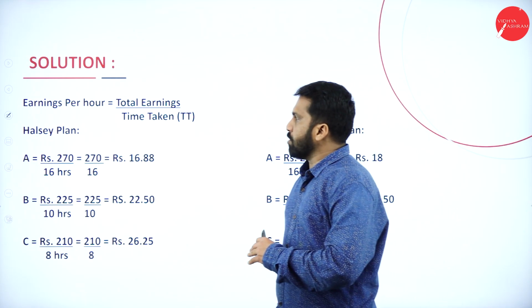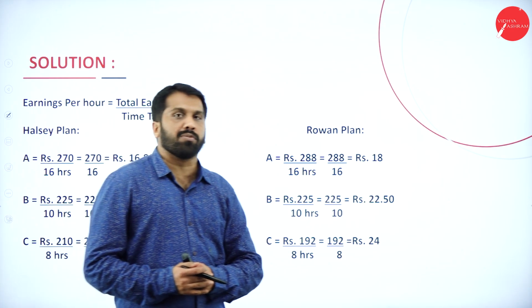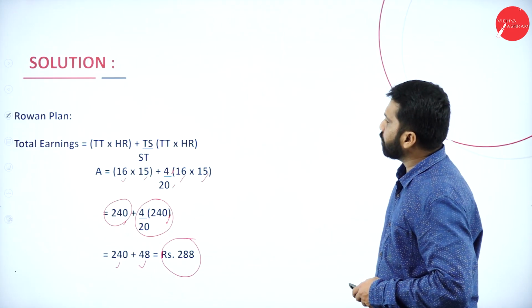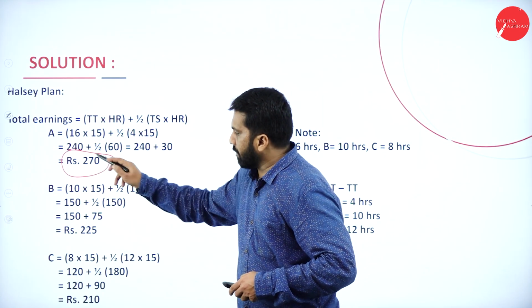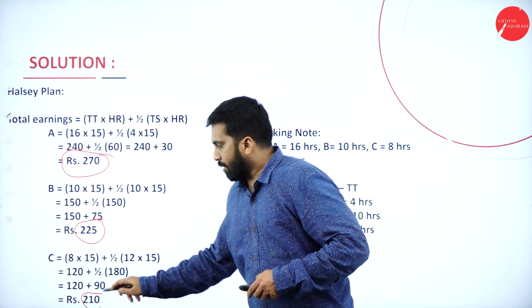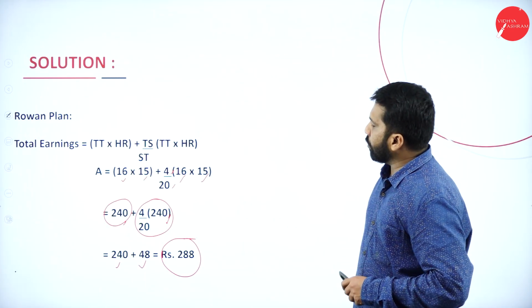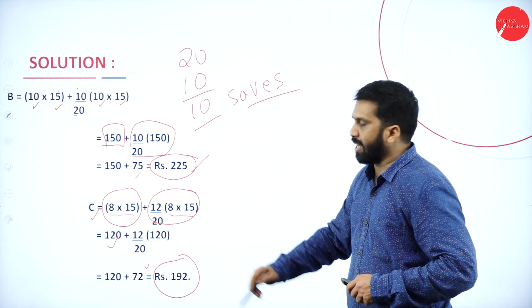Once you're done with your normal earnings, now we are moving towards earning per hour. Now I'll go back to this. So as per wholesale plan, we got 270, 225, 210. These are the income under wholesale plan. Under row 1 plan, we got 288, 225 as well as 192.